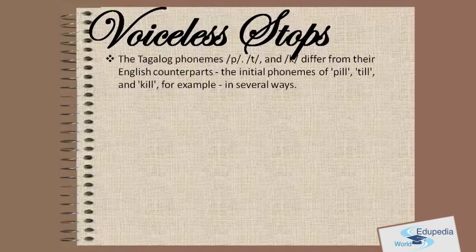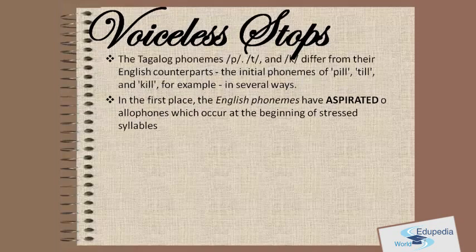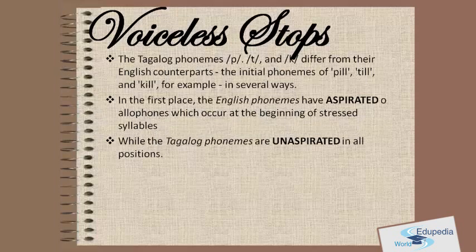The initial phonemes of pil, til, and kil, for example, differ in several ways. In the first place, the English phonemes have aspirated allophones which occur at the beginning of stressed syllables, while the Tagalog phonemes are unaspirated in all positions.